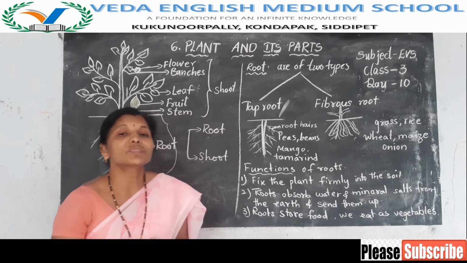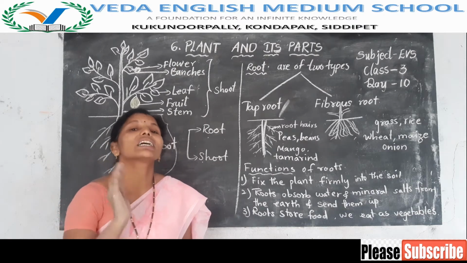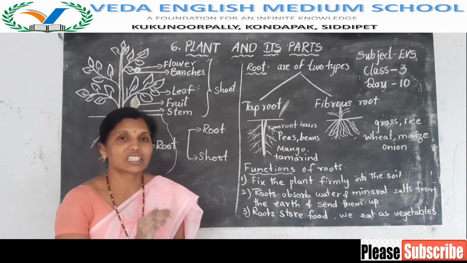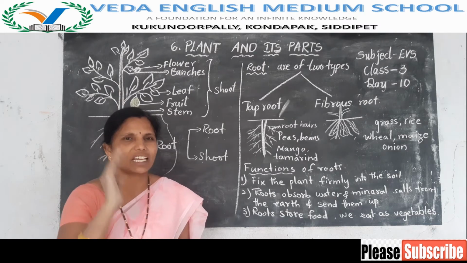Here the stem gives support to the parts of the plant which grow above the ground. It means the stem helps the plant to grow straight, to grow upright.